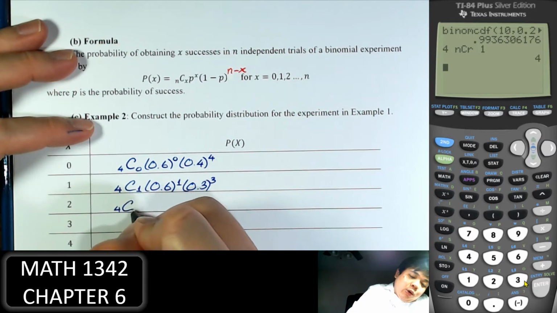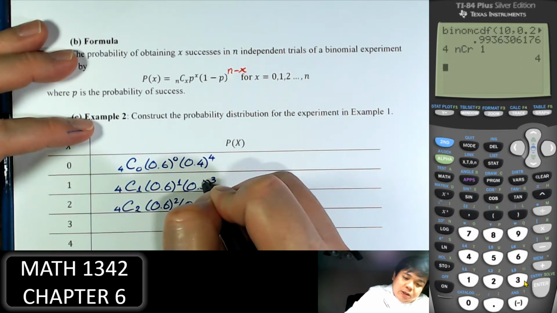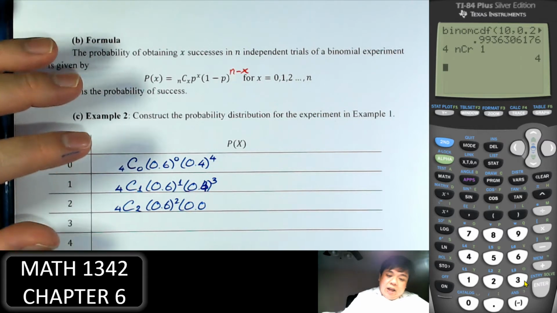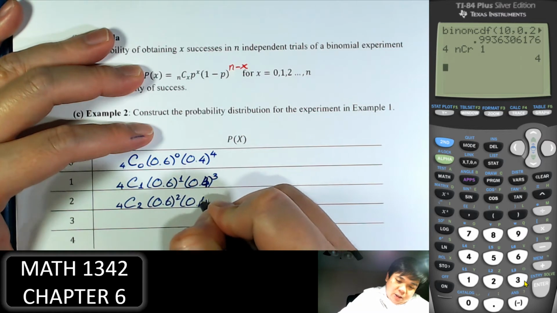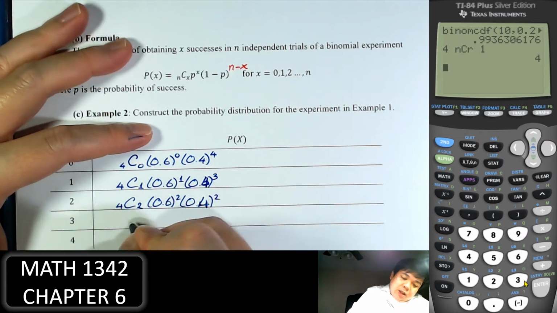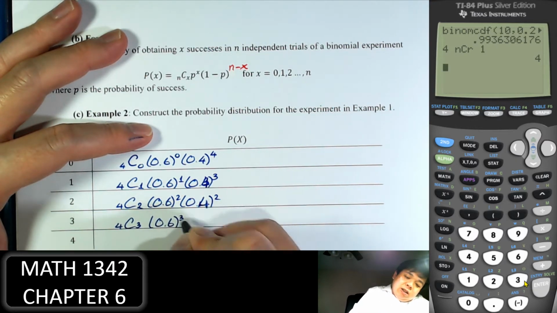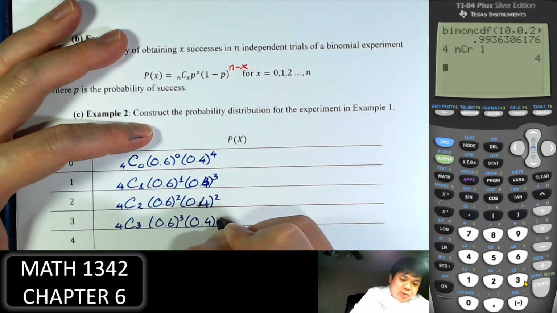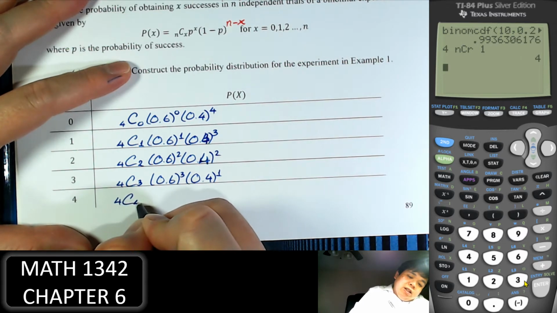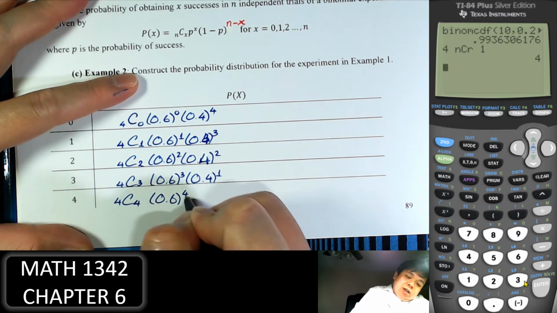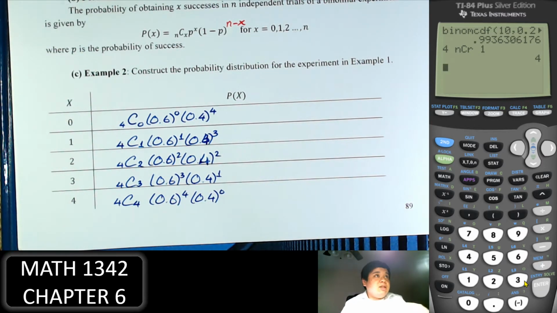Then we pick 2 of them to be head, so there will be 2 tails. Now we pick 3 of them to be head, and 1 of them to be tail. And finally, we pick all of them to be head, and there's no tail. Just do the math and get the answer.